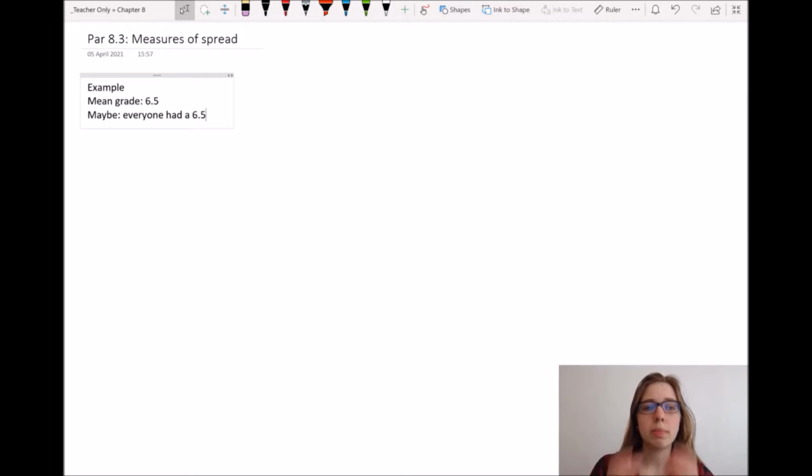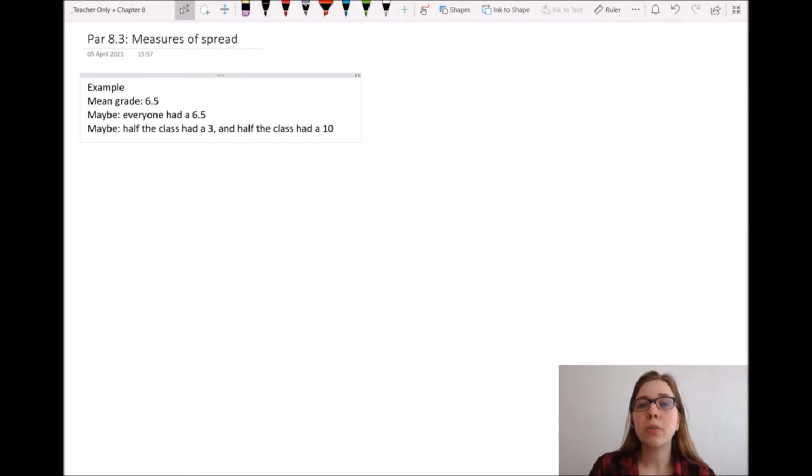Seems a bit unlikely, but that's a perfectly fine grade. But it could also be the case that half the class had a 3 and half the class had a 10. Then also our mean grade would be a 6.5, and that's an entirely different situation.